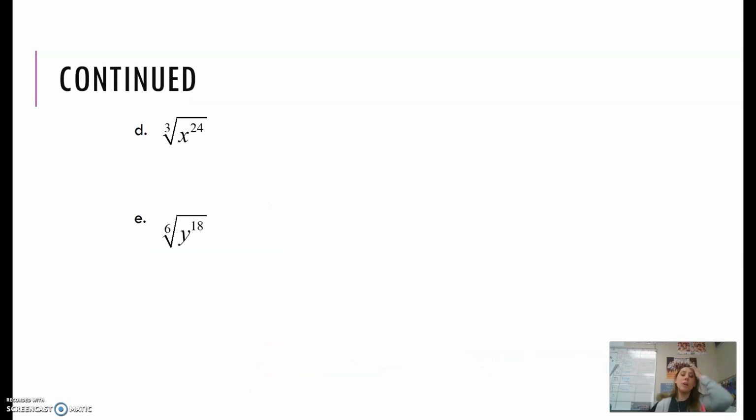Alright, so go ahead and do these two here. Again, I would rewrite this as x to the 24/3, but you also could write out 24 x's and pull out groups of 3. This is doing the same thing, isn't it? Right? It's doing the same thing. And then my n is odd, so it's going to be whatever this is.